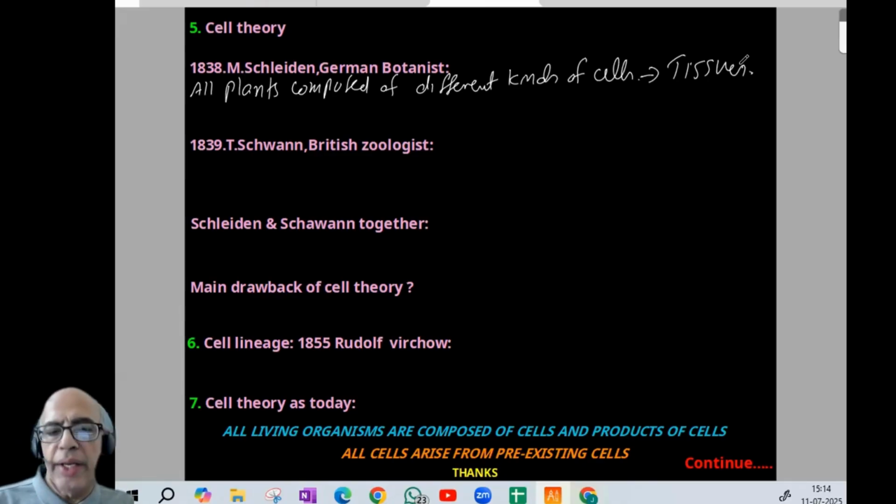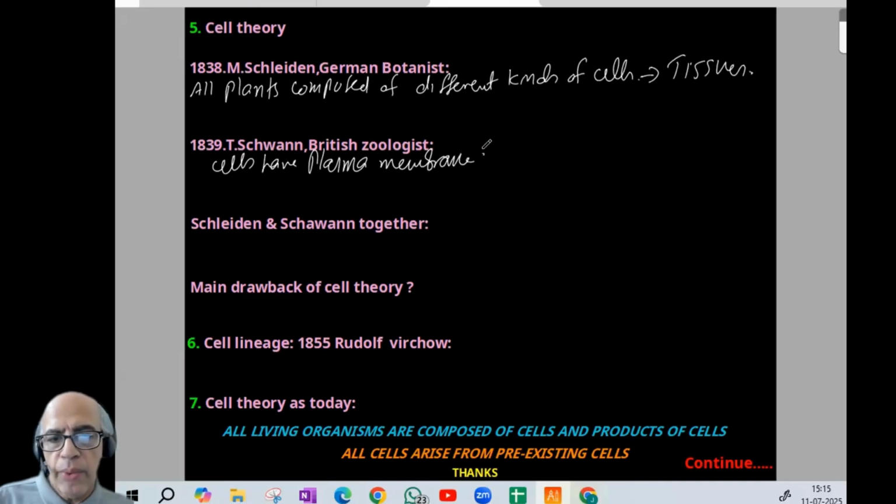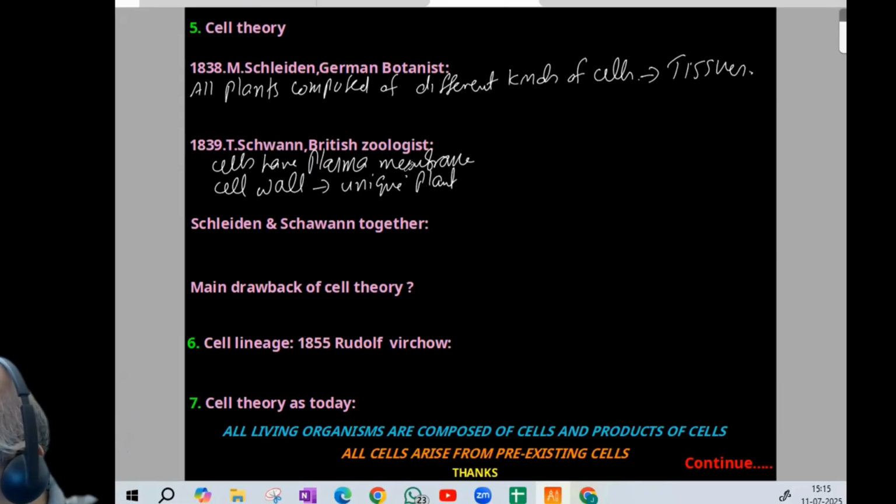Now in 1839, another scientist, T. Schwann, a British zoologist, had certain ideas. One is that cells have a plasma membrane. Similarly, cell wall is unique to plant cells.